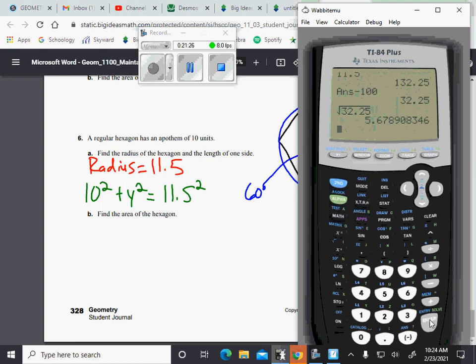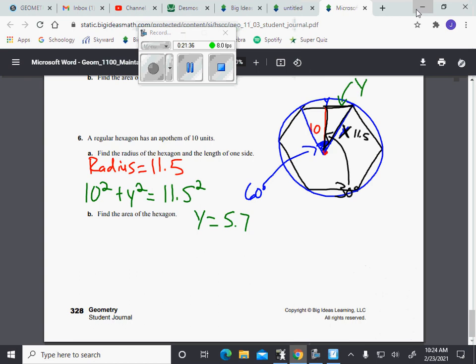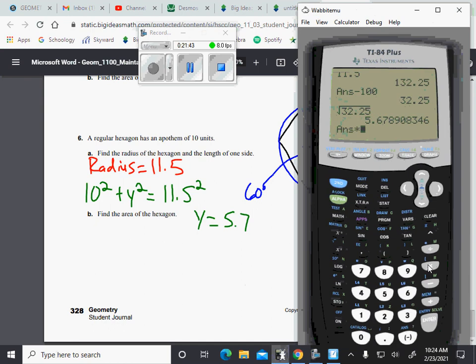Okay, and that'll be what y equals. Y equals 5.7. Okay, but we want to find a side length, which means we want to find that whole side, which means we have to multiply the answer by 2. And that'll get us a side length, 11.4.